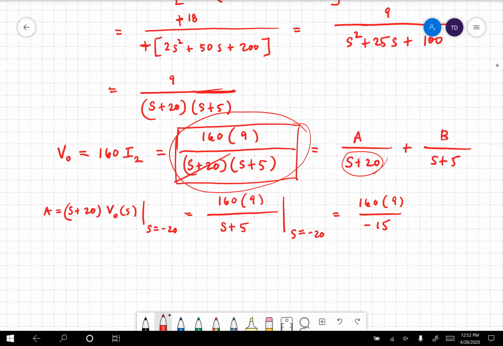So let's see. 3 in here gives me negative 5, gives me a 3 there. 5 goes into 160. So 5 goes in there. What do we have? 32 times 3 equals 96 with a negative sign, negative 96. A equals negative 96.